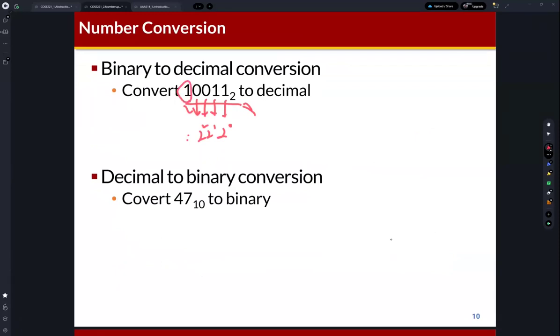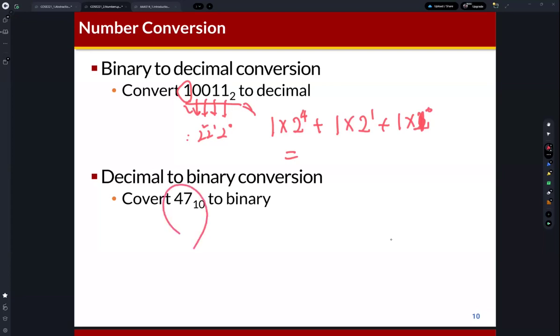Because this is the fifth digit of the binary number, this is 1 multiplied by 2 to the power of 4, and then 1 multiplied by 2 to the power of 1, plus 1, because that is 2 to the 0. So we can calculate the result of this equation.